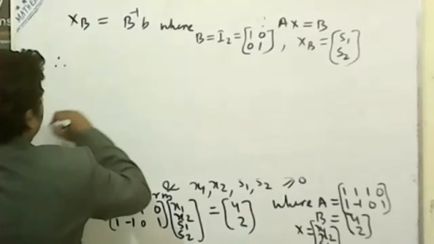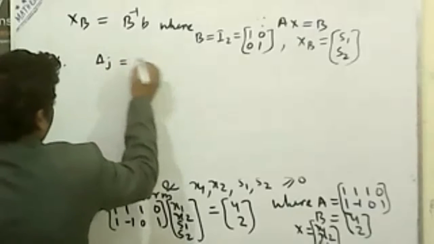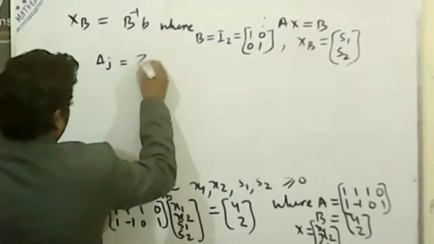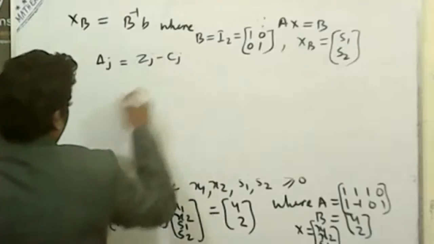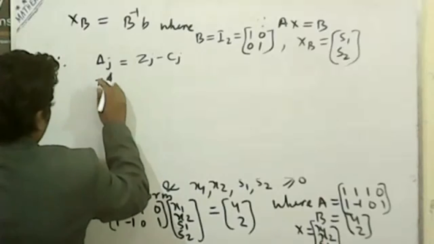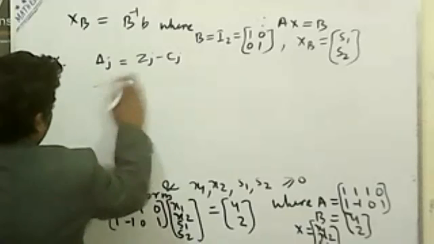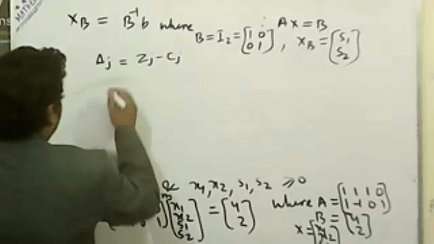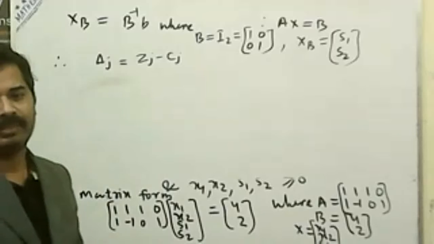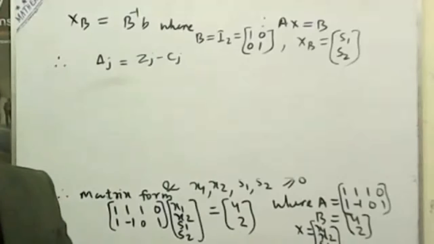Here delta j is equal to zj minus cj, and if all delta j are greater than equal to 0, then we get the optimal solution.